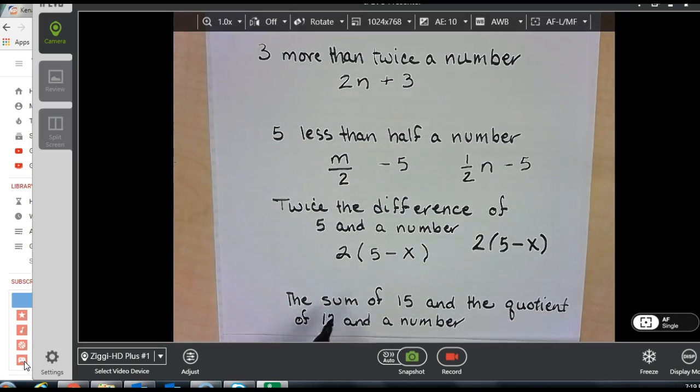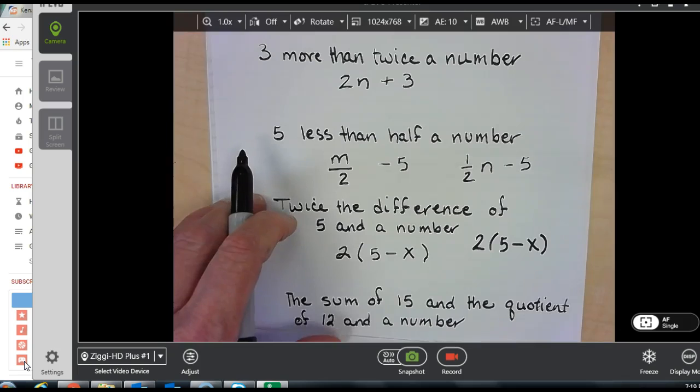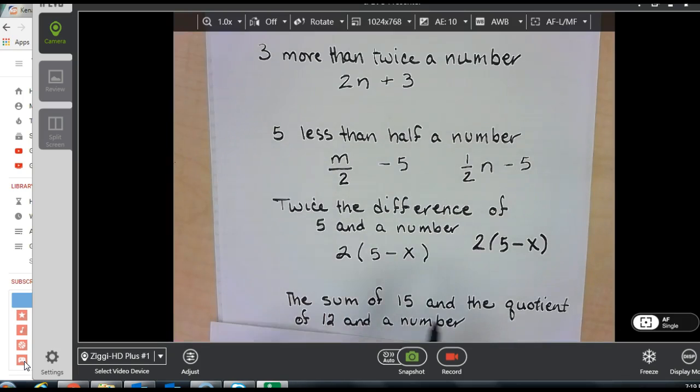So if I have the sum, sum means I'm taking 2 numbers and adding them. So my first number is going to be 15, and the quotient. Well, so I write my 15 down. The quotient means I'm doing a division problem. And I have 12 and a number.